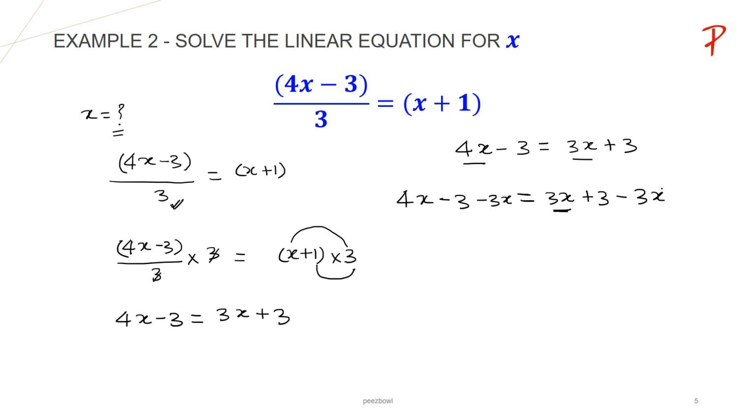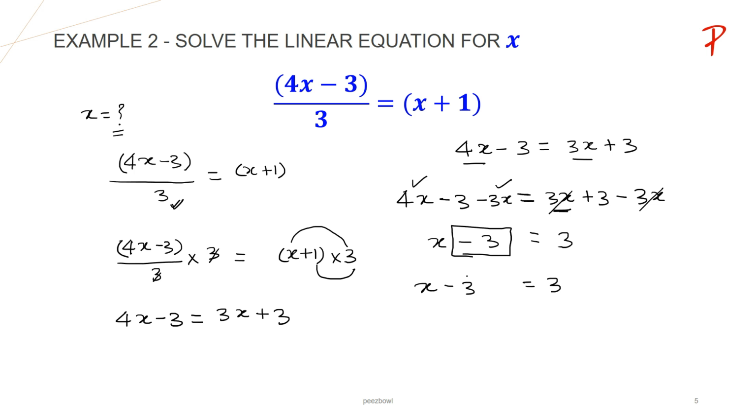Okay, so this minus 3x and this plus 3x will cancel each other, and on the right hand side we have only 3, right? And on the left hand side we have plus 4x minus 3x. This is what? Only x. And then we have minus 3. So now our equation is x minus 3 is equal to 3. Now I have to remove minus 3 from the left hand side, right? So x minus 3 is equal to 3.